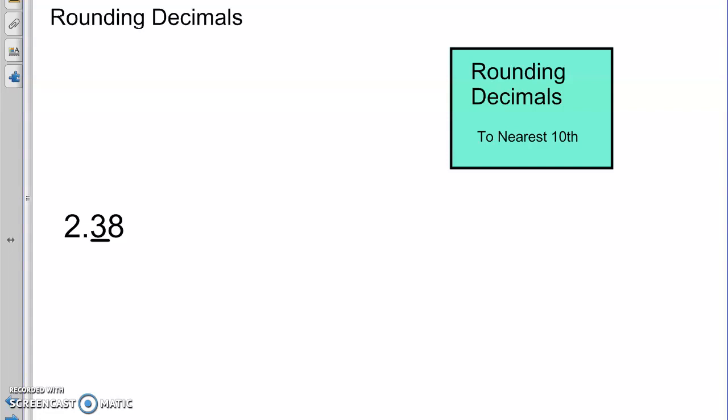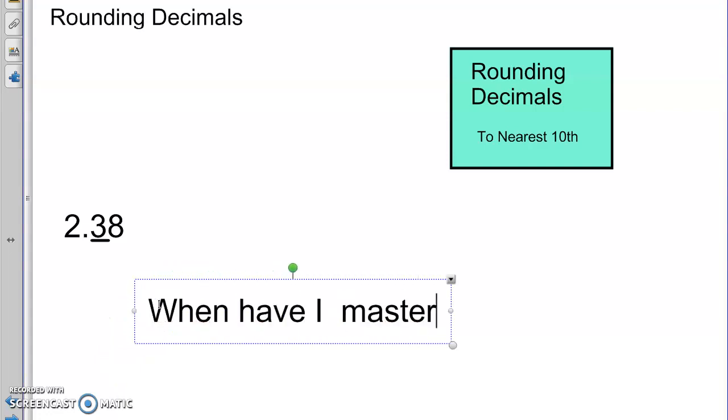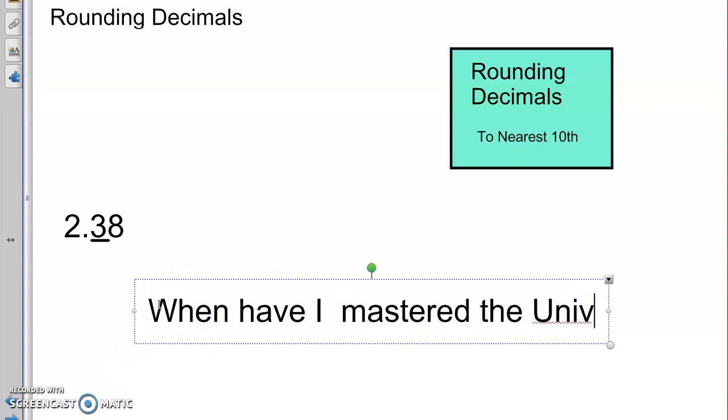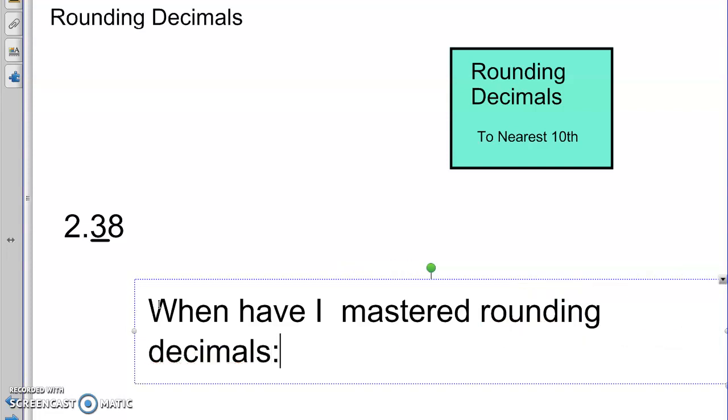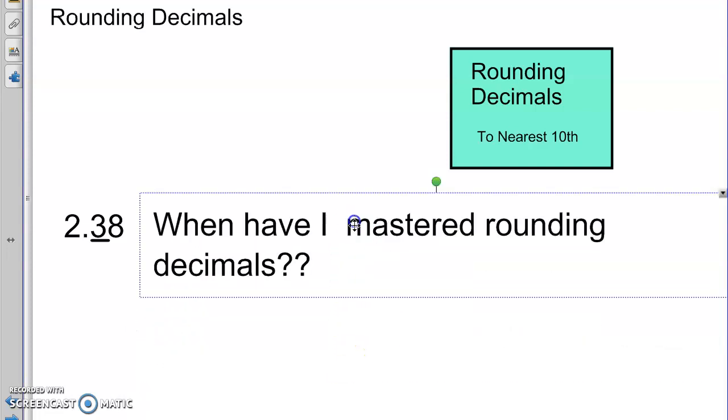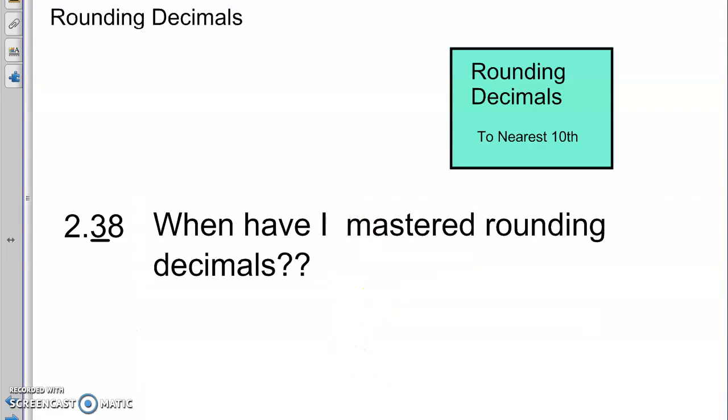There are two things you're going to need to know to tell when you've mastered rounding decimals. One of them is you're going to need to know how to round to any place value.